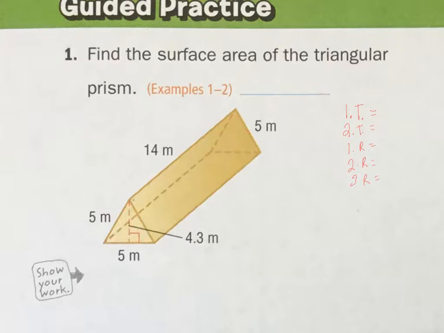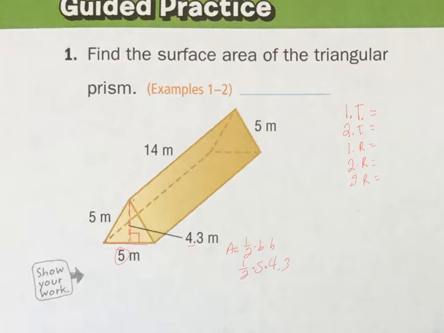We have area of a triangle equals 1/2 times base times height. So this one we have 1/2 times 5 times, let's see here, the height would be 4.3. Okay?